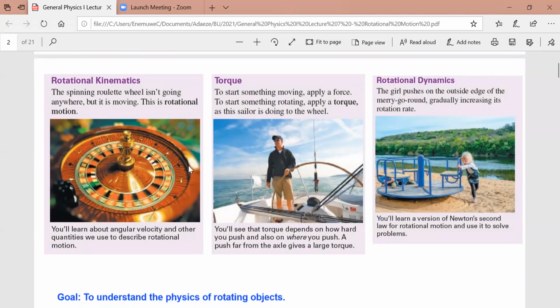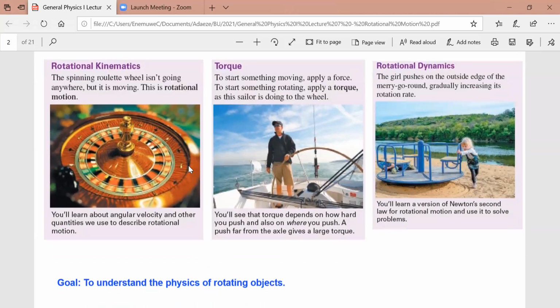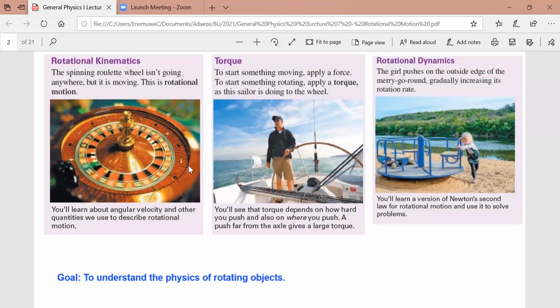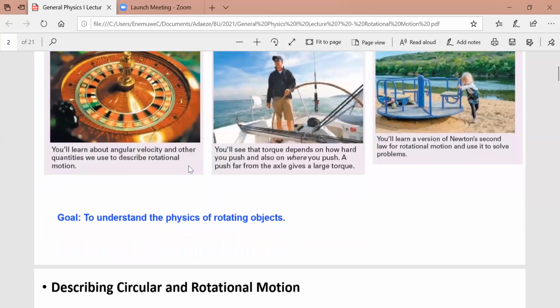Our goal is primarily to understand the physics of rotating objects and how to apply that to our understanding of modern science.